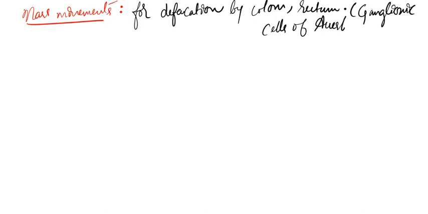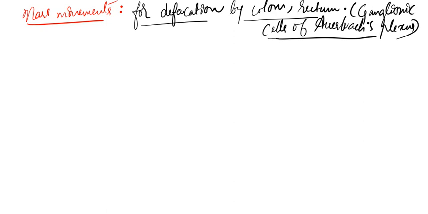See, always remember Auerbach's plexus is this much important. You can't even imagine. We simply study the histology, Auerbach's plexus or these myenteric plexuses, everything. But the real reason behind studying all this is that they are very helpful in understanding the physiology.